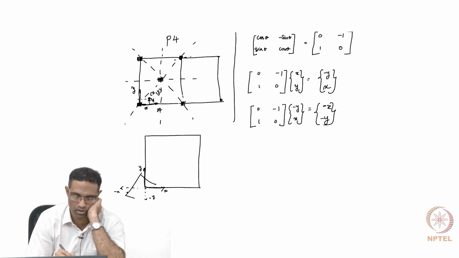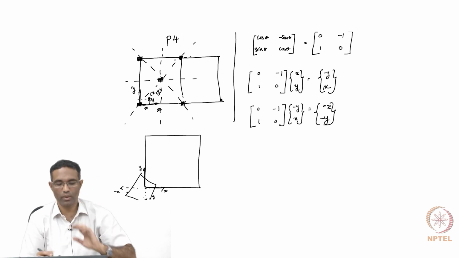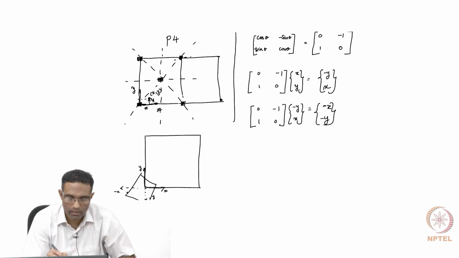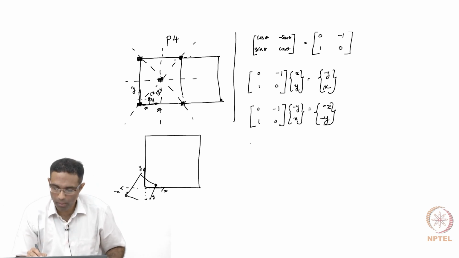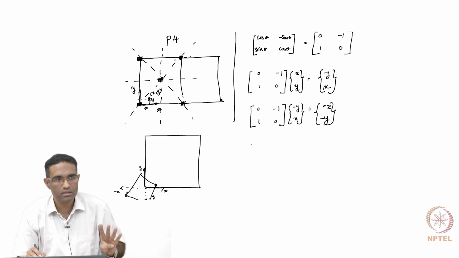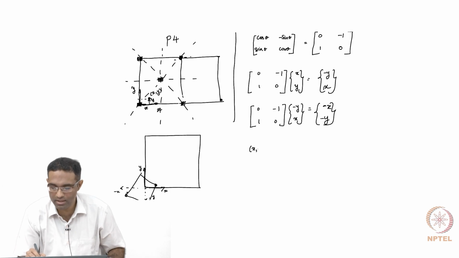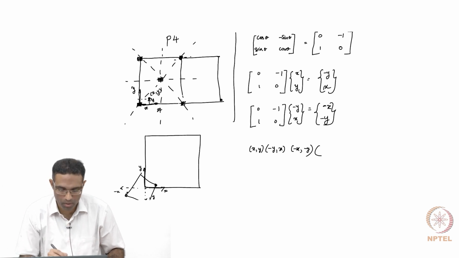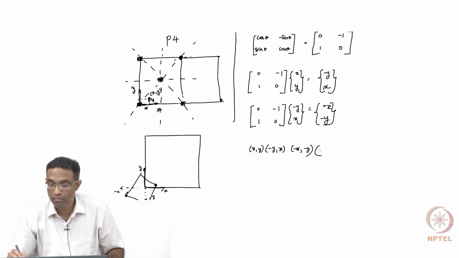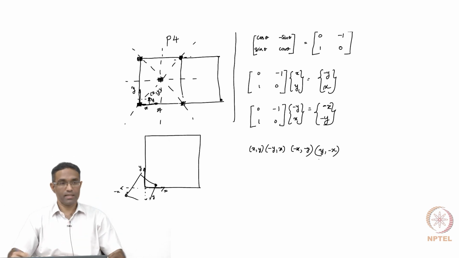So you can imagine it becoming a square like that, right. So the fourfold rotation, how many points does it generate? It generates 4 different points. So there is x comma y, there is minus y comma x, there is minus x comma minus y, and there will be one more, which is, what is that? Y comma minus x. Okay.